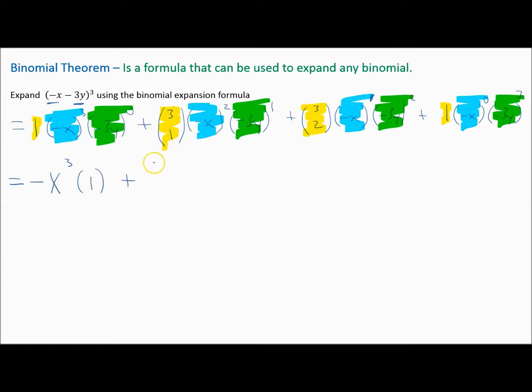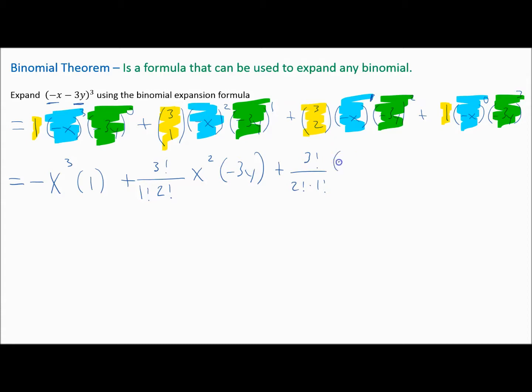3 choose 1 is 3 factorial over 1 factorial, and then you subtract the 2 times 2 factorial. Negative x squared is x squared. A negative times a negative is a positive, and then x squared is x squared times negative 3y, because it's to the first. 3 choose 2 is 3 factorial over 2 factorial times 1 factorial.